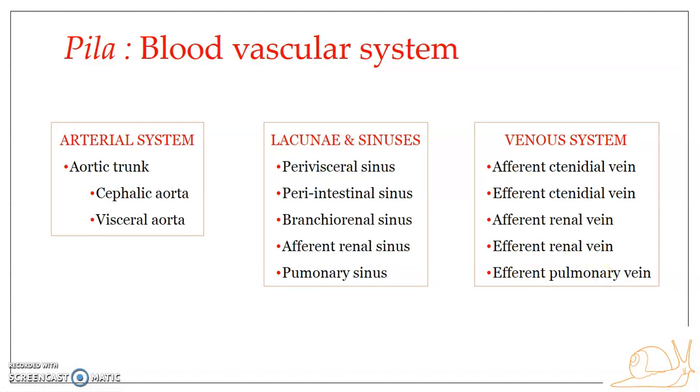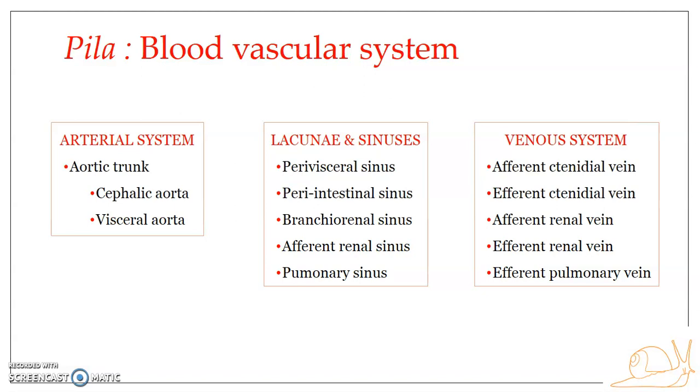As already seen, the afferent tinnidial vein receives blood from the perivisceral sinus and branchiorenal sinus, while the afferent renal vein receives blood from the periintestinal sinus and carries it to the posterior renal chamber, where the waste substances are filtered out.